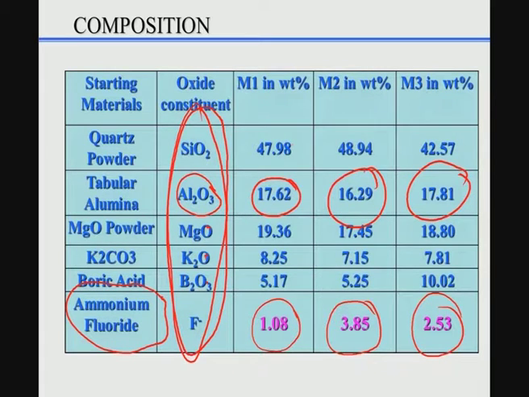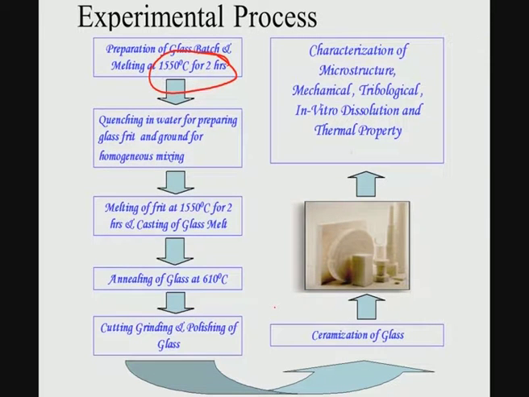This homogeneous mixing of all these oxides requires not only one melting, but multiple meltings, so that these materials are very homogeneously mixed. After that, you cast this glass melt in a usable form, and then you anneal this glass at a temperature like 610 degrees Celsius. Then after that you do ceramization of the glass.